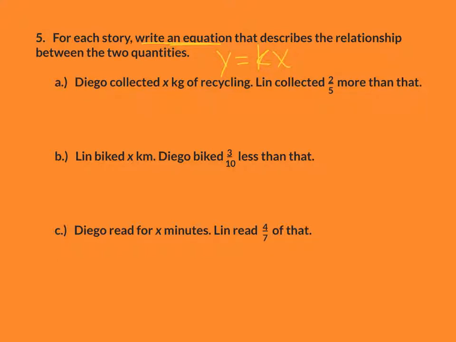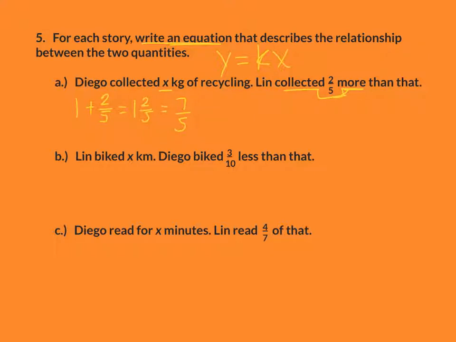K is the constant of proportionality, that number that everything gets multiplied by. So, Lynn collected 2/5 more. X is our original, so we've got 1. More means we add 1 plus 2/5. We can write that as 1 2/5. Or typically when we write these, we like them to be simply a fraction, in this case an improper fraction. 5 times 1 is 5, plus 2 more is 7/5.